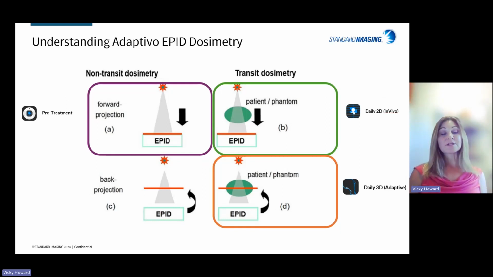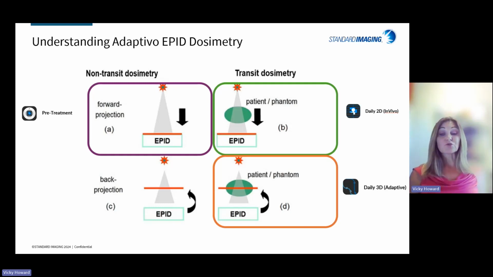There are 2 categories of EPID dosimetry. We have non-transit and transit dosimetry, and each of these can be associated with either forward projection or back projection computation techniques. So to review a little, non-transit dosimetry does not include the patient or a phantom. It's what we know as some EPID pre-treatment QA.